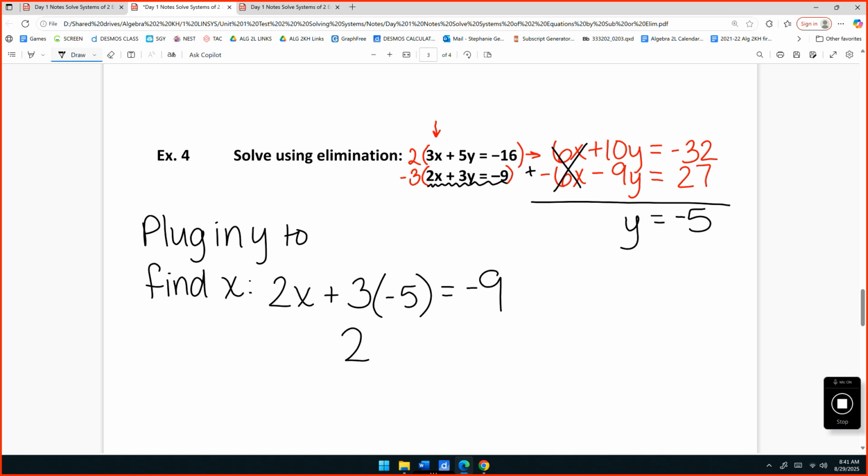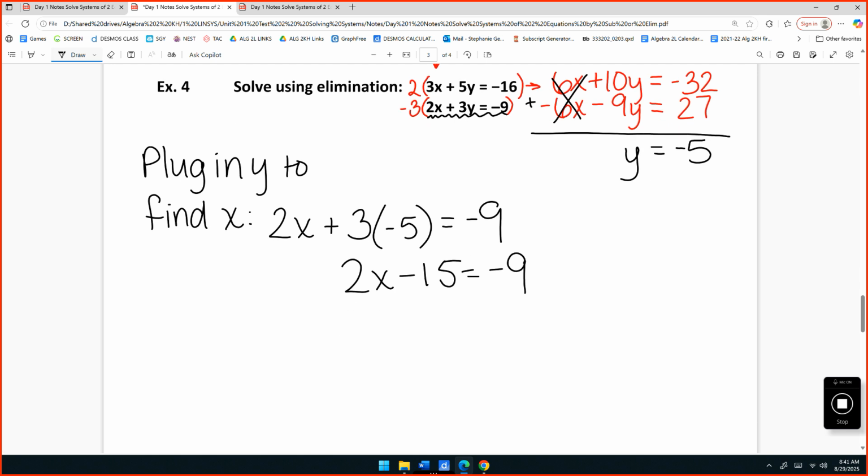So 2x minus 15 equals negative 9. So we can add 15. Negative 9 and 15? 6. Divide by 2. What is x? 3. It's like all of these problems have the same numbers in them.